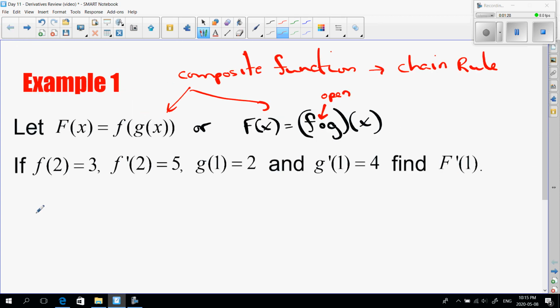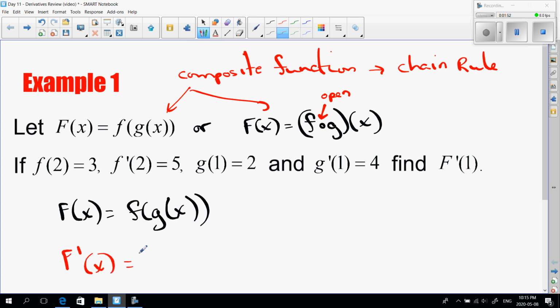All right, now that being said, we have to remember that if capital F of x is equal to f at g of x, then for the chain rule, the notation looks like this. F prime x, or capital F prime x, is going to equal f prime g at x.